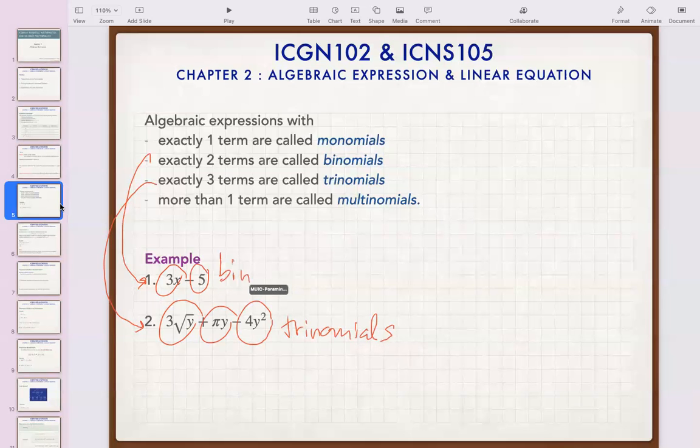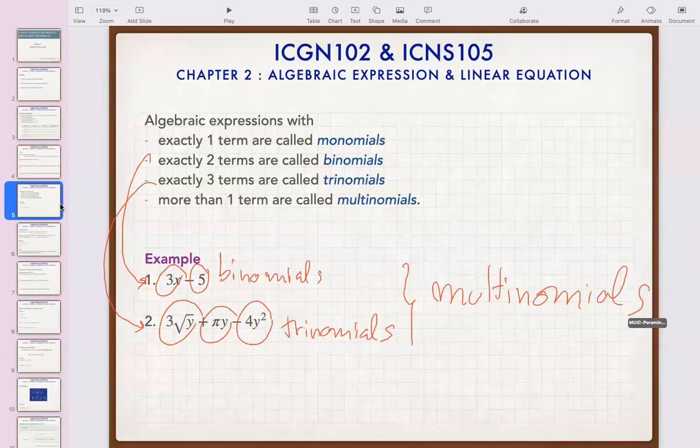This one is a binomial. You can have more than 3 terms as well. When you have more than one term, we call them multinomials.